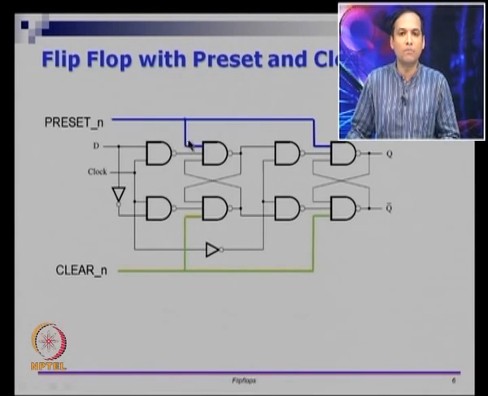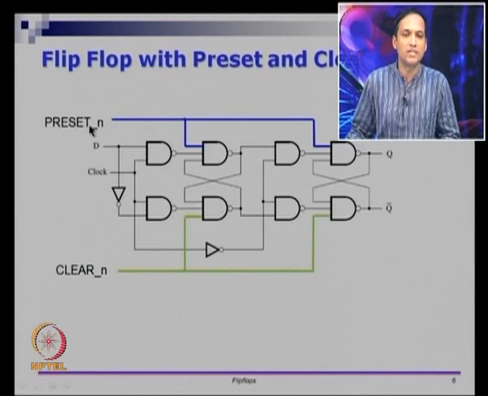On this flip flop, we made these 4 gates 3 input NAND gates and we are bringing a signal called preset here and a signal called clear here. So, in fact, this is a negative edge triggered D flip flop. Okay. So, now let us see what the preset and clear do.